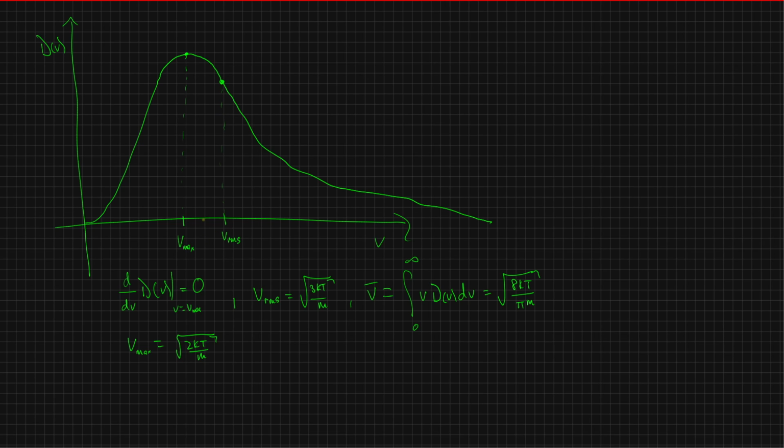And V bar is somewhere over here. So V bar always lies in between V max and V RMS, and V RMS and V max are the outer bounds here. So just making sure that we all understand the distinction between these three different speeds. That can be a common tripping up point.